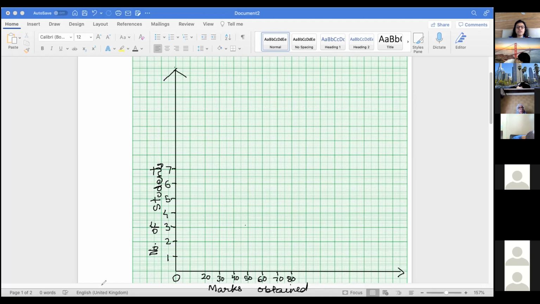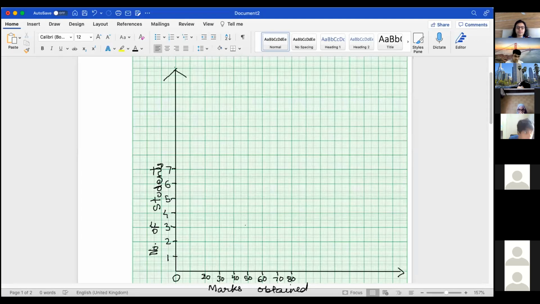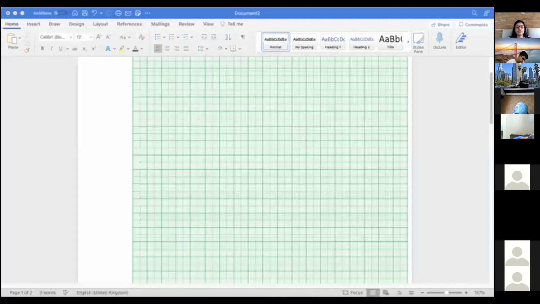From 20 to 30, the table starts from 20 to 30. So 20 to 30 frequency is 1. So I'll draw a straight line. Then 30 to 40 frequency is 3.